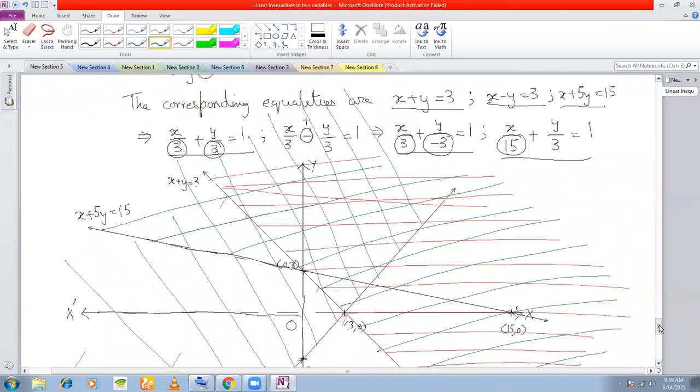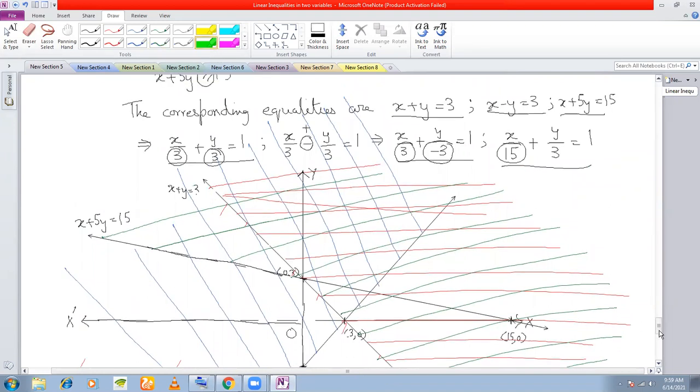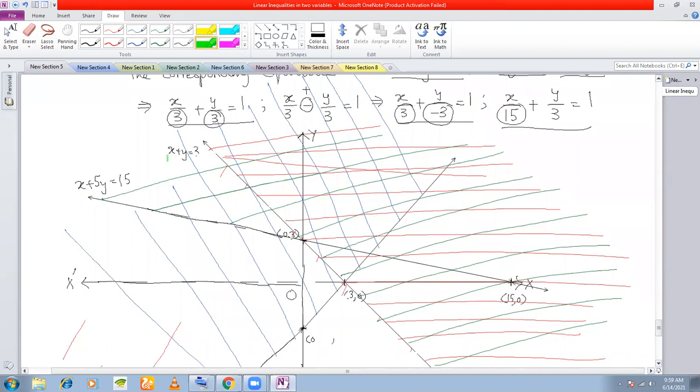The common shaded area, if you see here, is formed by this part.